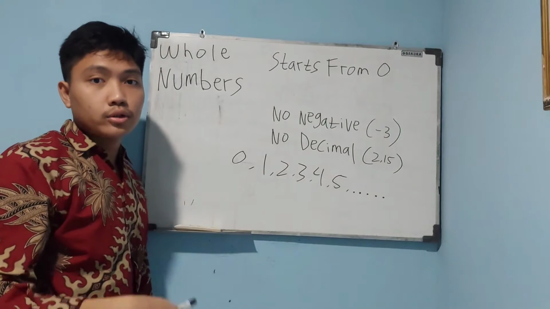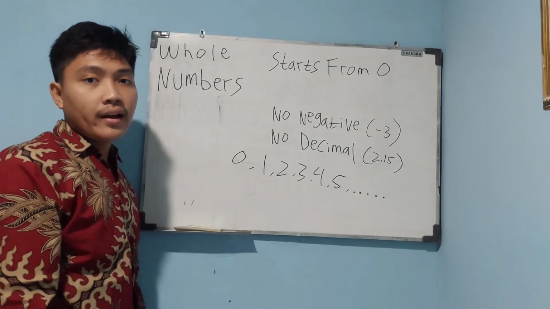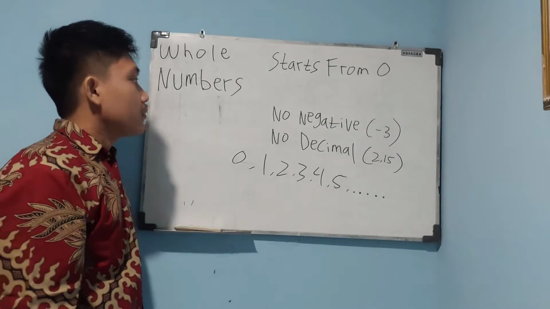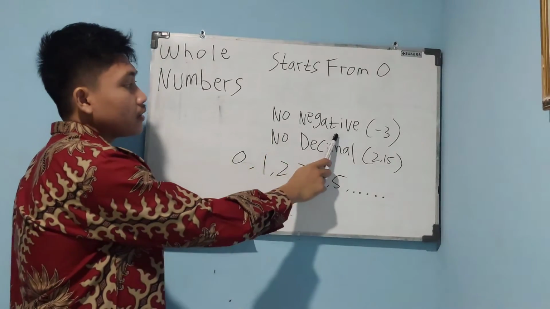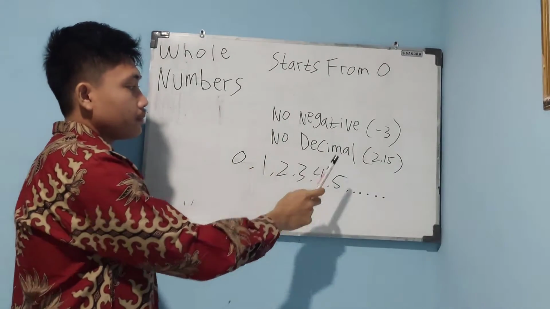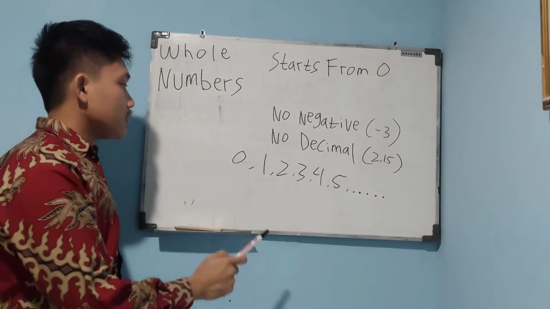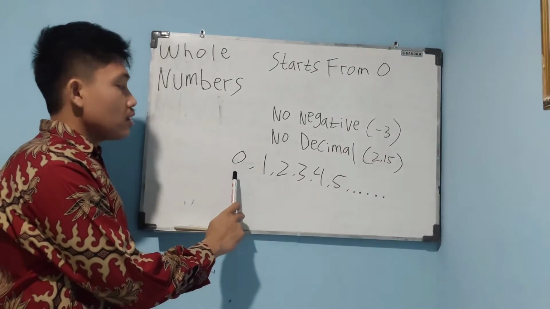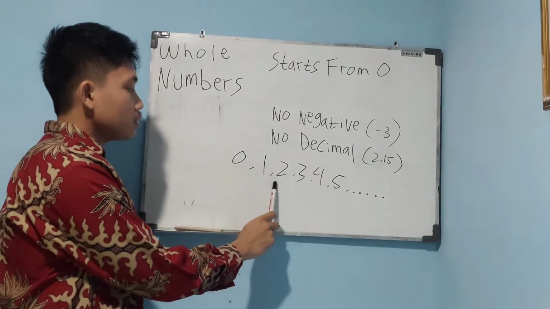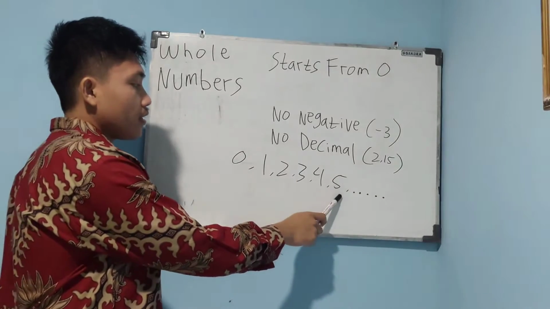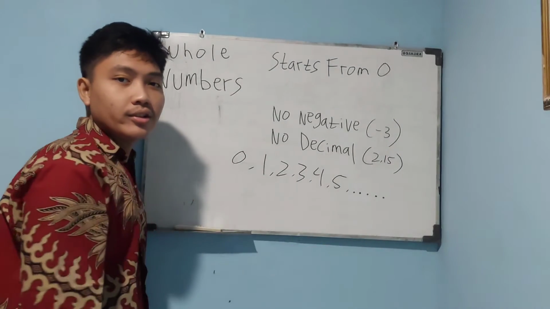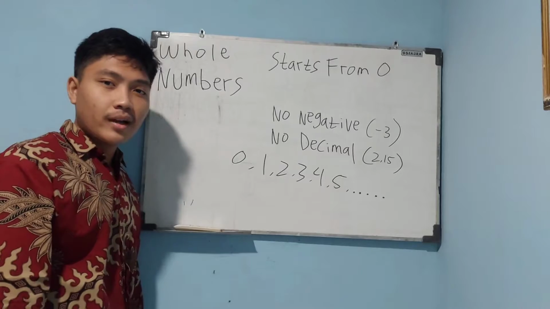And as I told you before, they have a similarity: no negative and no decimal. So 0, 1, 2, 3, 4, 5, and so on. You got it? I hope you understand.